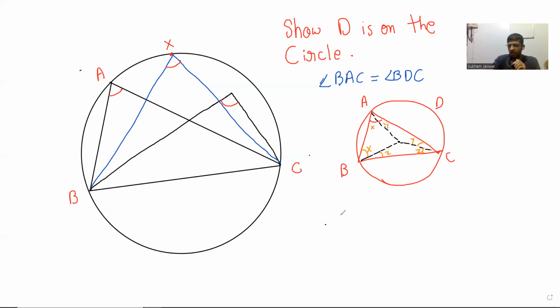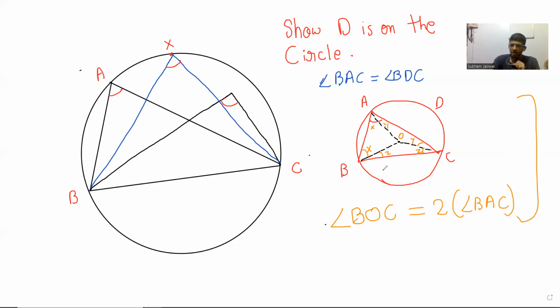And then you do all that work, and finally you will be able to show, so this is homework, that this angle BOC turns out to be 2 times x plus y, which is the angle BAC. It's 2 times BAC. Fine, it's also believable, right? You can just do it. Please work this out. This is homework.